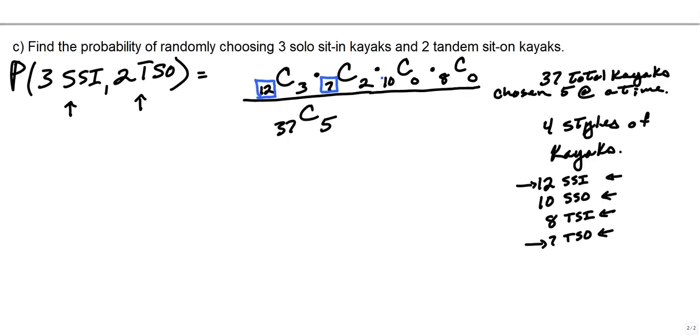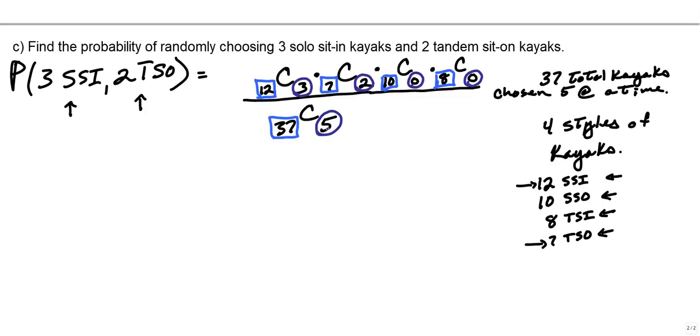Now, if you add these numbers together that are enclosed in the blue box, 12 plus 7 plus 10 plus 8, I end up with 37. And then, if I look at what's in the dark blue circles on the right-hand side, which are our R's, 3 plus 2 plus 0 plus 0 is in fact 5.